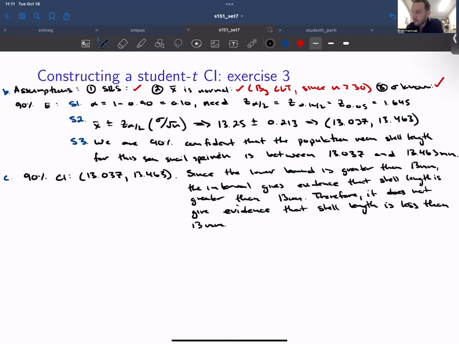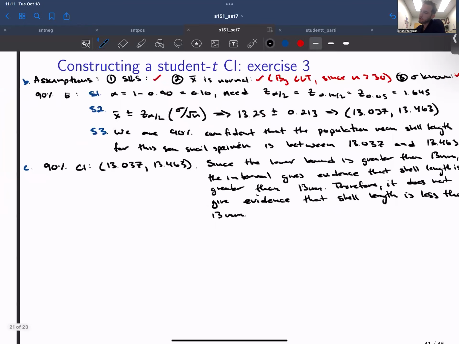In this case, we're confident that the population mean is between 13.037 and 13.463. These values are strictly greater than 13. So the interval is actually giving us evidence of the opposite situation, which is that this shell length is bigger than 13. So it's not giving evidence that it's less than 13.